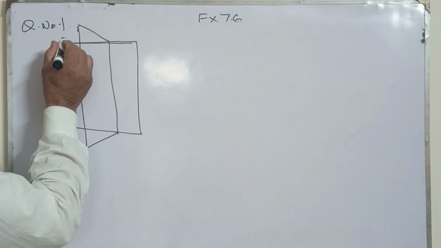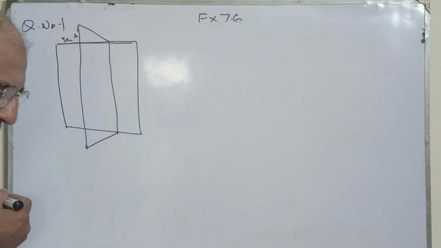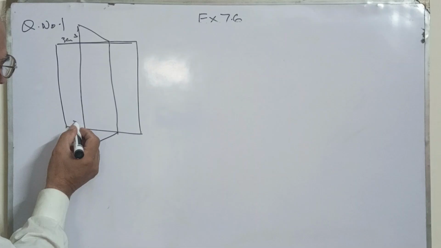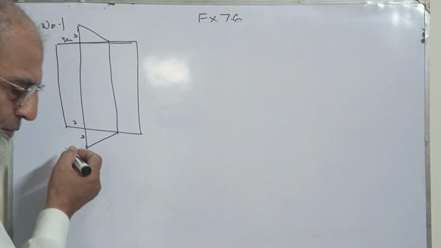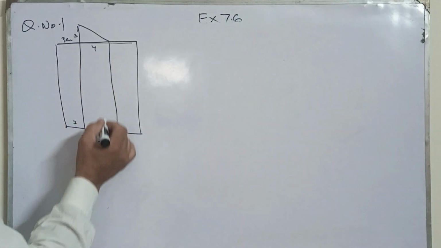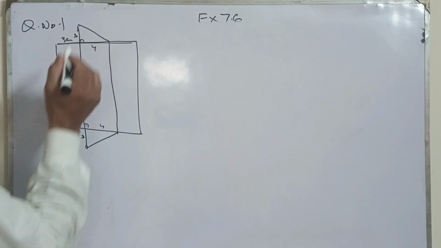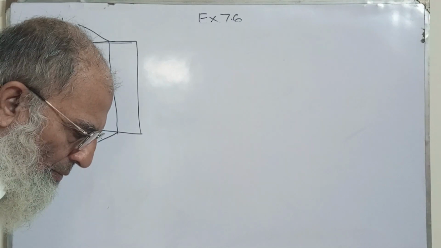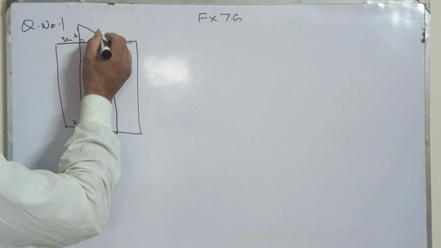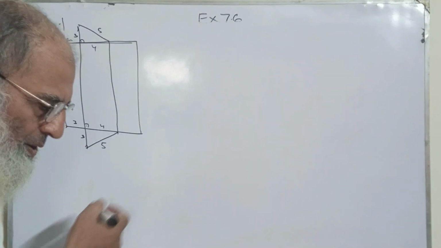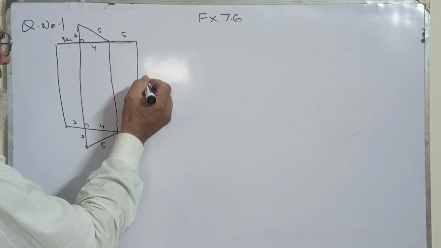The dimensions are 3 centimeters, 3, 4, 4, and here 5, 5. This is 5, this is 5, this is 5, this is 5, and this is 11.